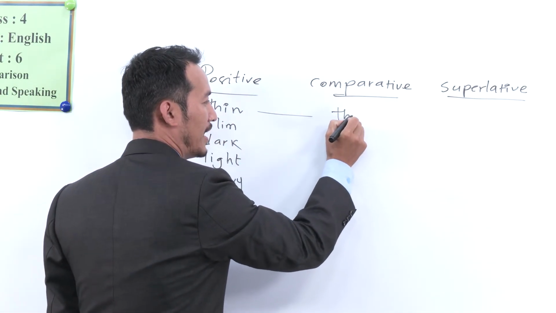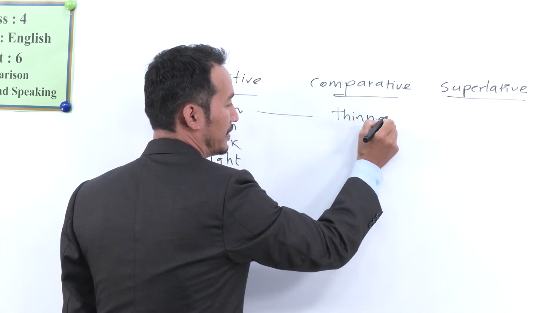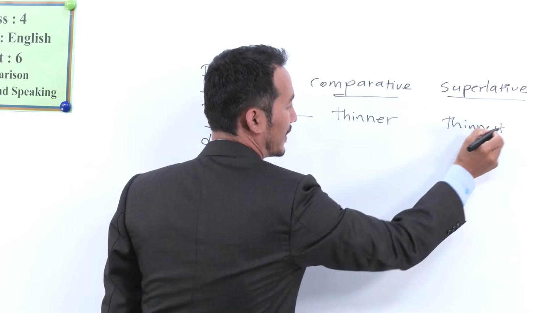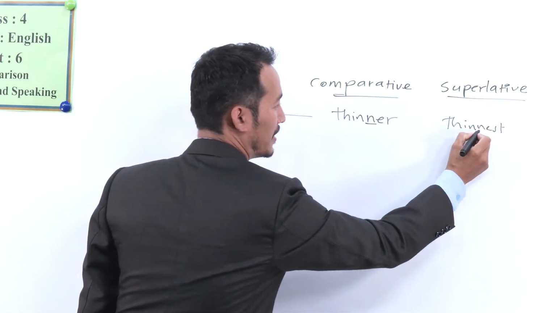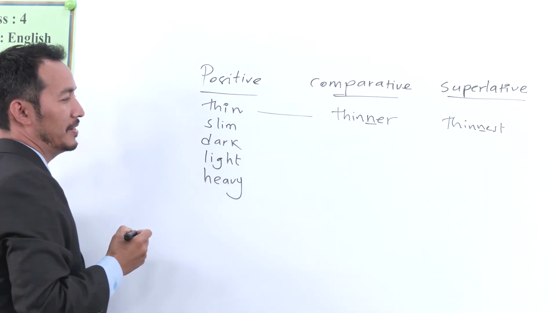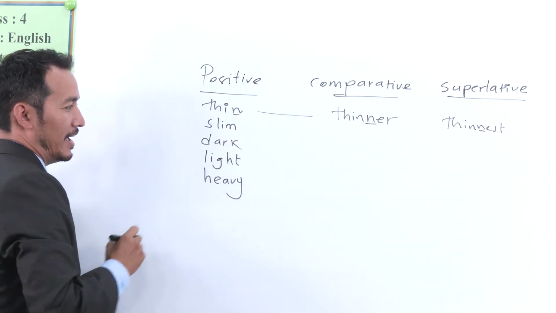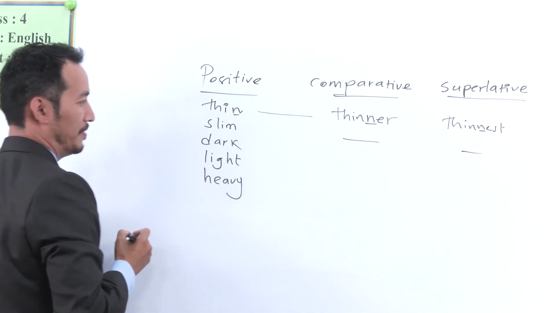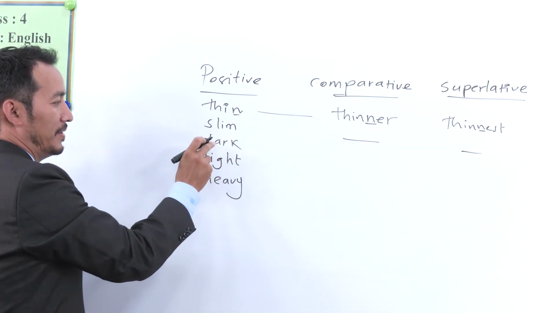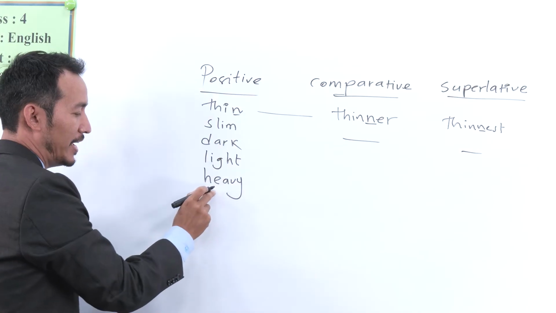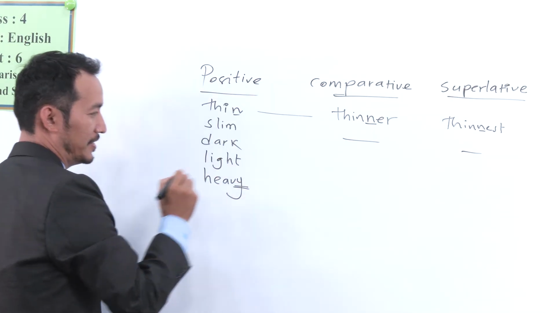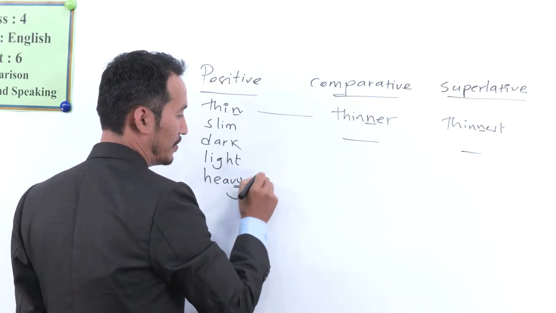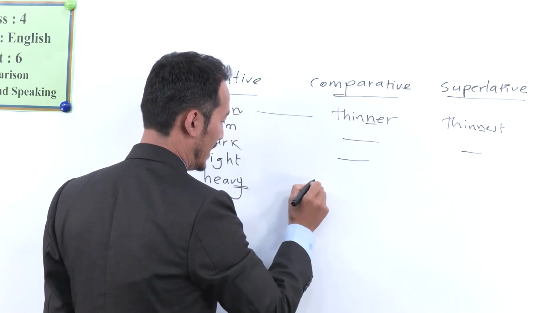We can practice one here. For example, I'll show you here: thin, thinner, thinnest. Okay, students. So you need to double the letter here, one letter, and likewise you can do the same in the similar format for slim and dark, light. For heavy, you have to change the y into what? Do you know? Okay, I'll show you.